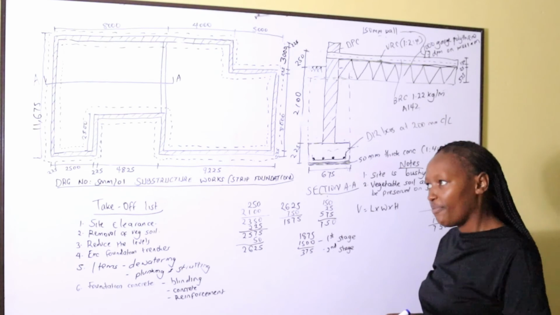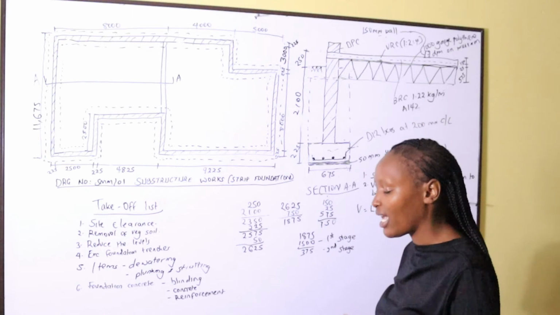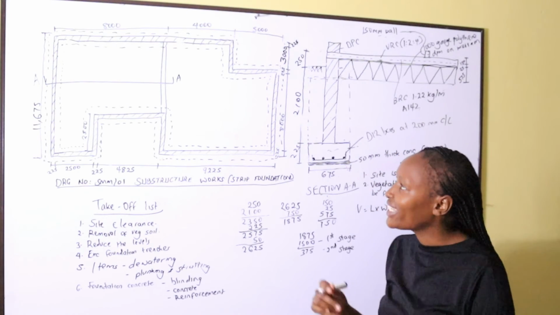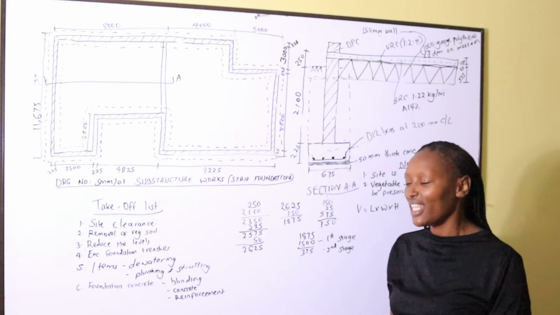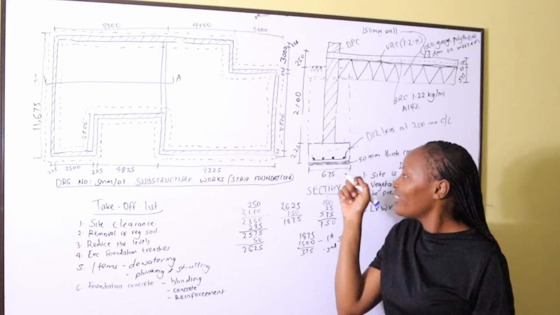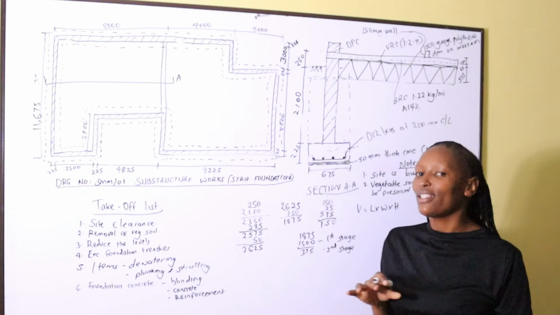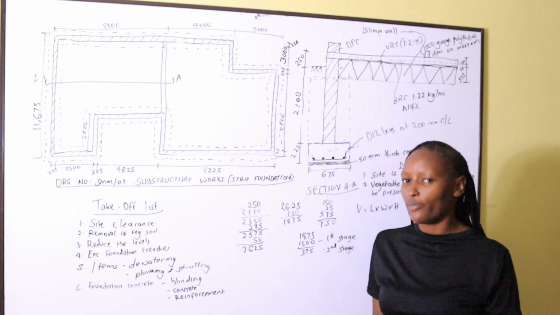They are placed at 200 millimeters center to center along the center line. So we shall take the total center line divided by 200 plus 1 to get the number of reinforcement bars across the trenches.